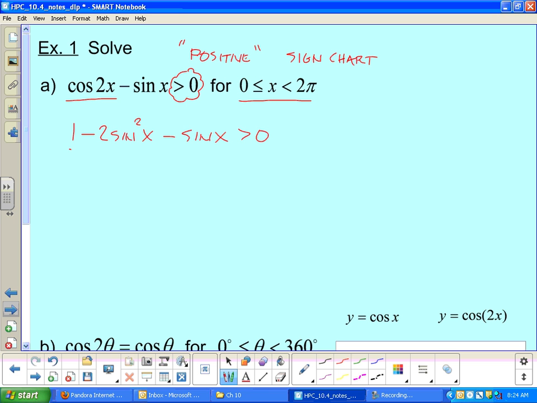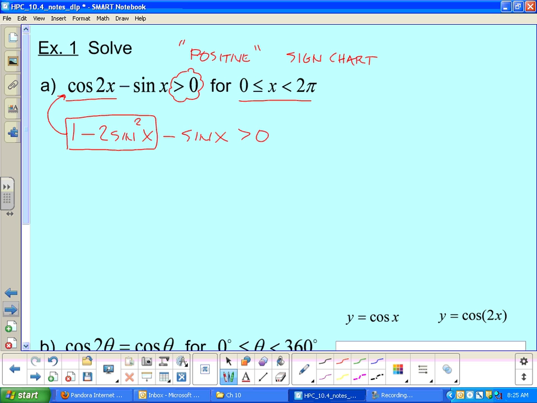So this is just what cosine 2x is written in a different form. Right now we have a quadratic. Move things around. And again, I like thinking about my square terms being positive.